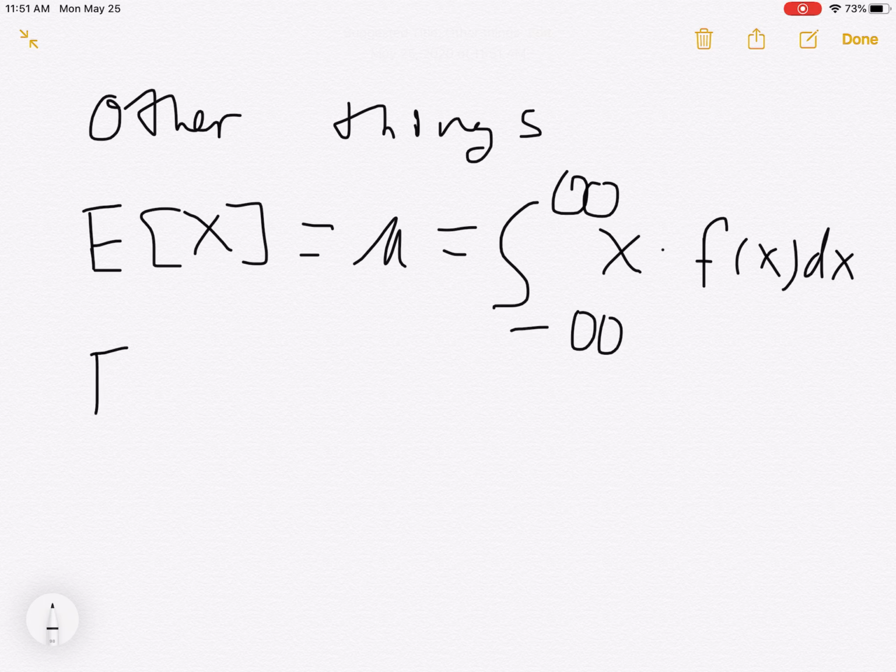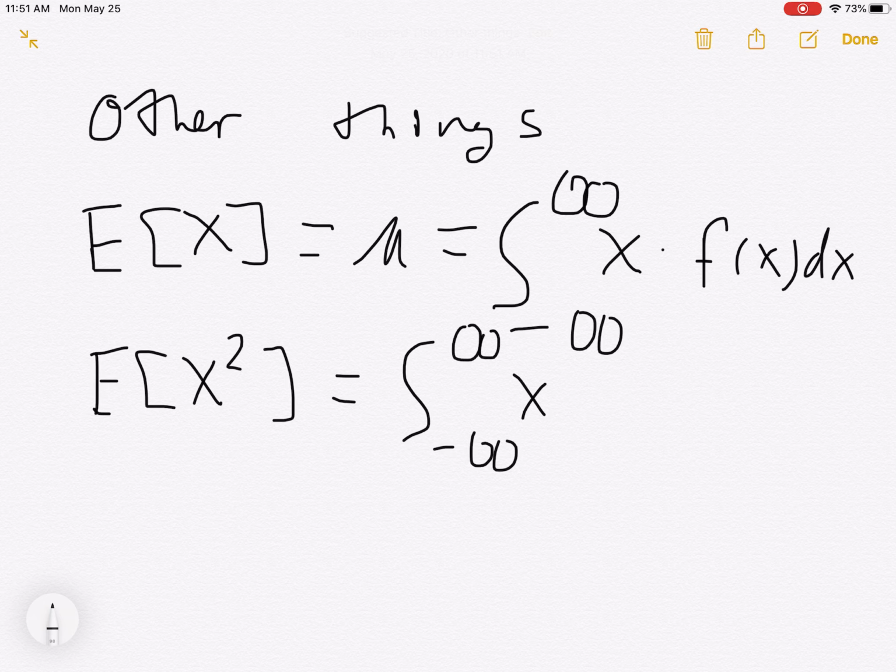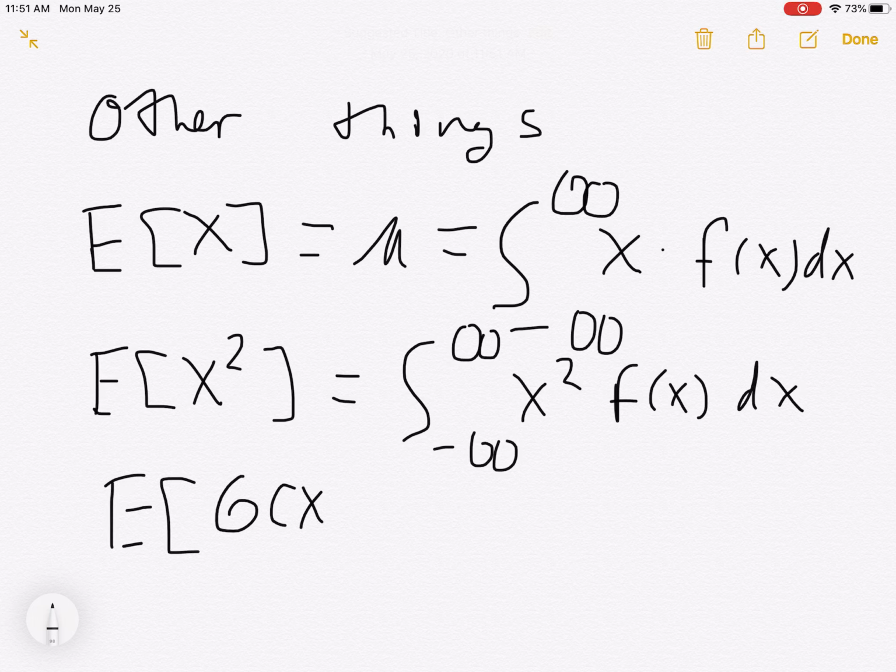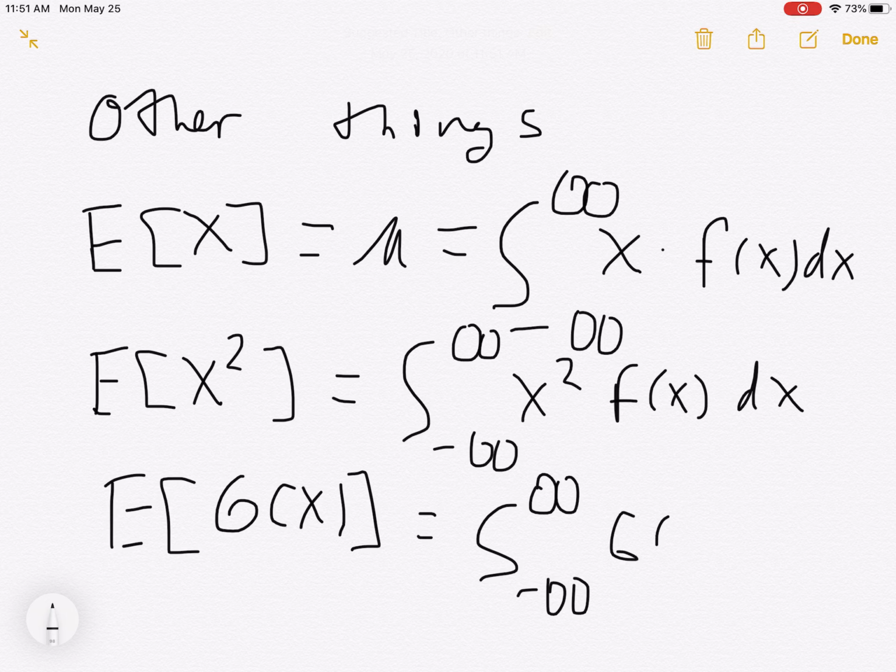Similarly, E of x squared, the second moment, is going to be, instead of x, x squared f of x dx. And more generally, if I have a function g of x, I can take its expected value by doing this. It will be g of x times f of x dx.